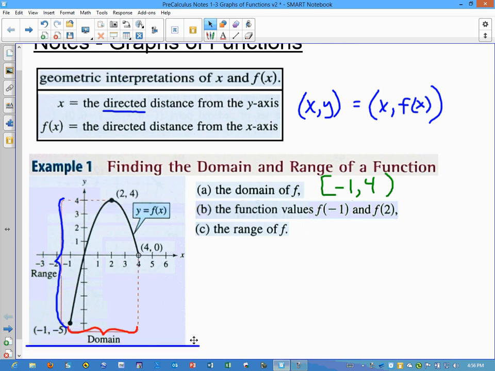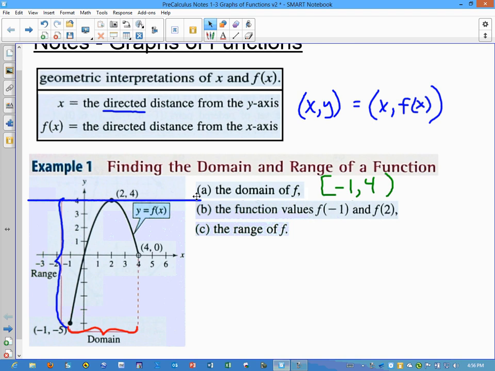Alright, so starting from the bottom, we come up until we hit the graph. And this would be the beginning of the interval for the range. And remember, range has to do with y values. So from this point, we don't care about the x value, we care about the y value now. So we're going from -5, and then we're going up, up, up, up, past this point, because we have y values that are higher than this point. We keep going up until we get to this point.